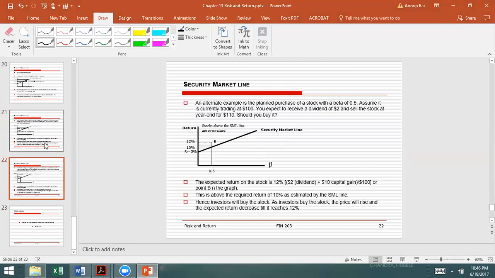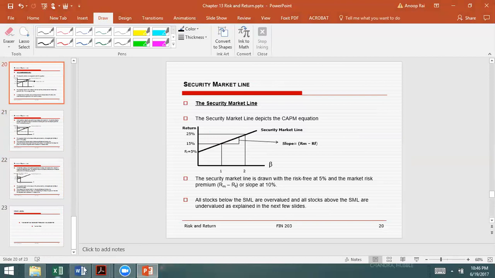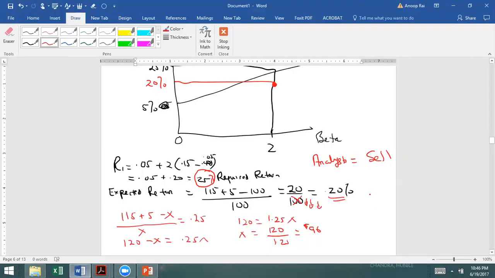Oh, I didn't solve it in my notes, so let me just get this correct. So wait a minute, 115 plus 5 minus x is equal to 0.25. I want it equal to 25%. It's 0.25x.